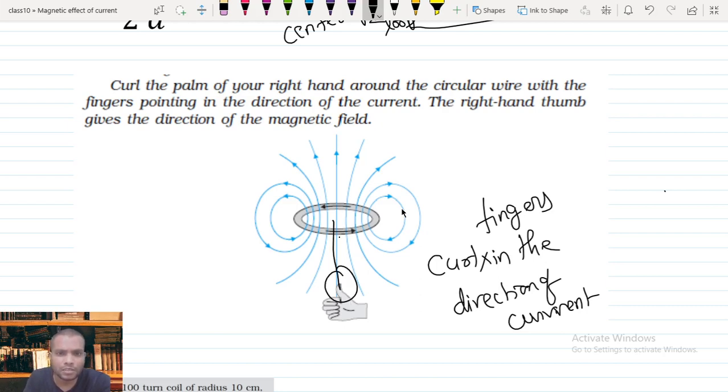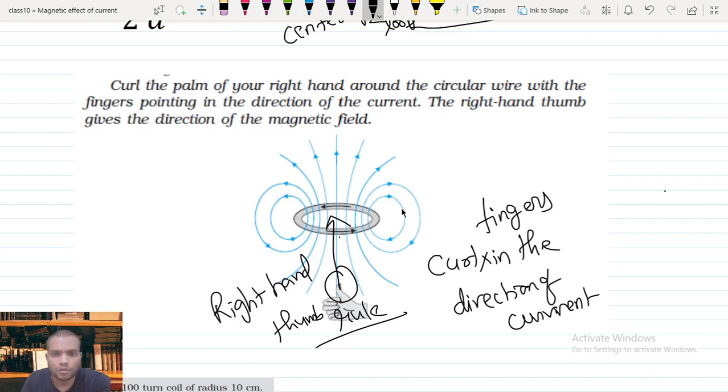We use this with the right hand, that's why it's called the right hand thumb rule. It helps us find the direction of the magnetic field in the given coil. Curl the palm of your right hand around a circular wire with the fingers pointing in the direction of current. The right hand thumb gives the direction of magnetic field.